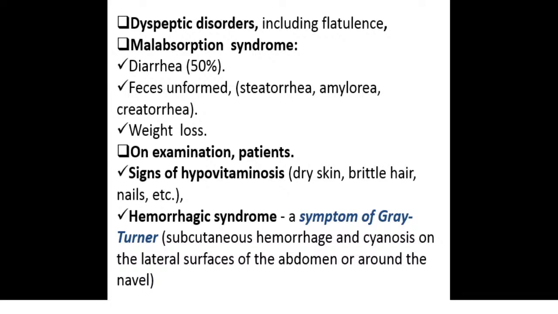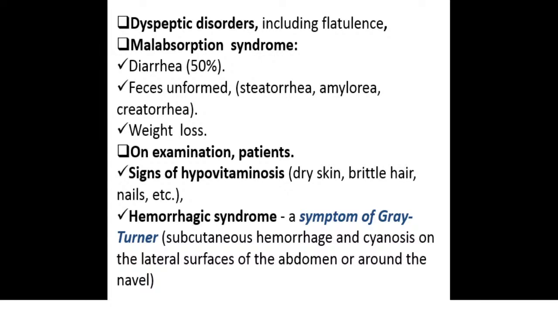And if the patient has this syndrome, this patient may have diarrhea and unformed feces, and in feces steatorrhea, amylorrhea, creatorrhea, and weight loss. On examination of the patient, we can see signs of hypovitaminosis if the patient has malabsorption syndrome, and hemorrhagic syndrome.